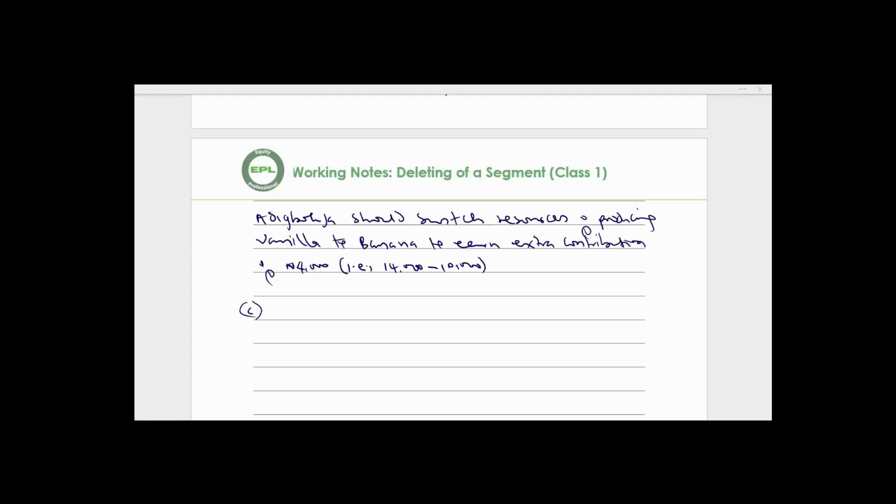This is because other workers currently working on chocolate and strawberry may become apprehensive of job loss, and this may affect their productivity.